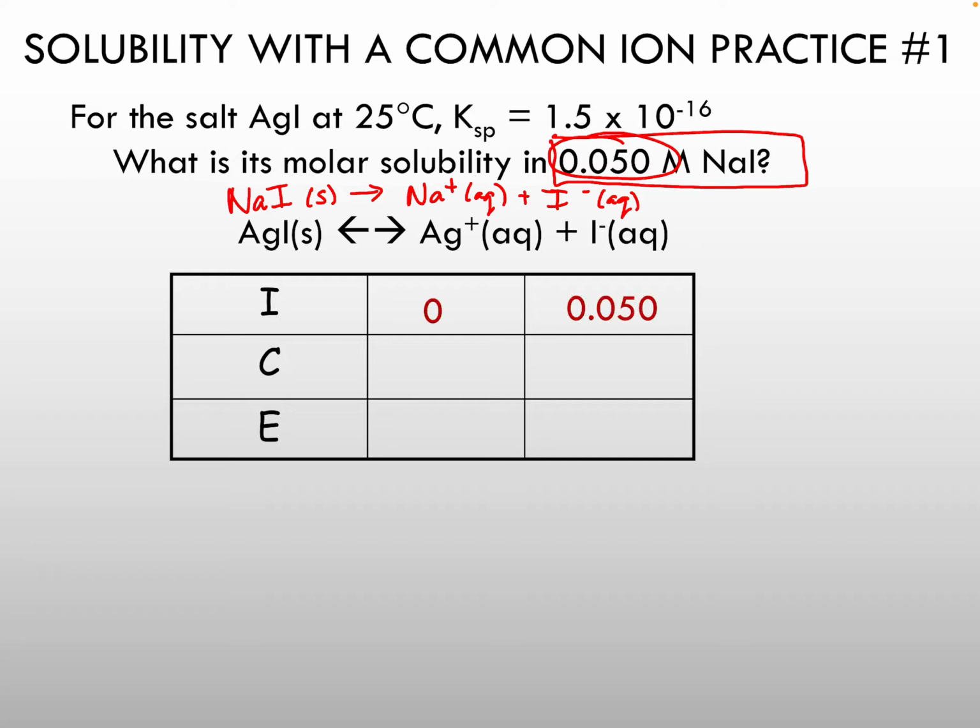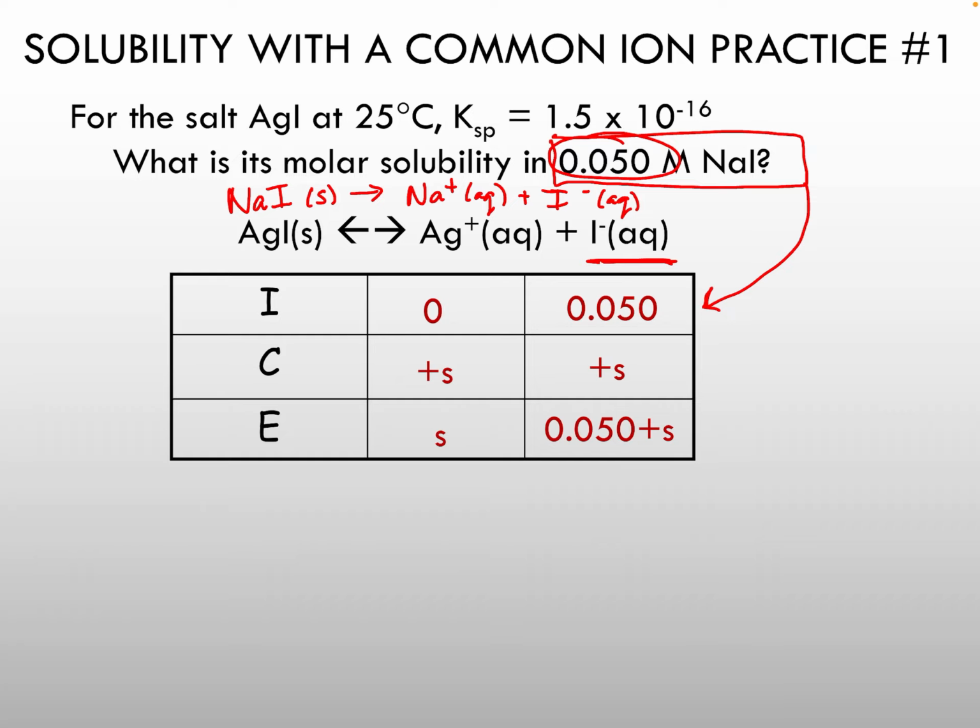So now we are starting with that as our concentration of our iodide. We still don't have any silver, because we haven't added anything that has silver, but we do have iodide here. So we're still going to put plus S and add them straight down, and it's going to be 0.050 plus S.